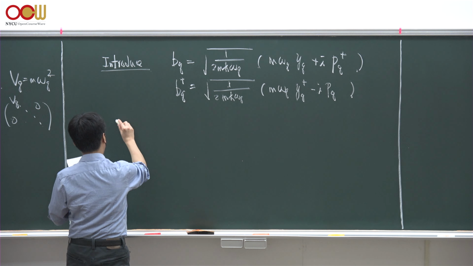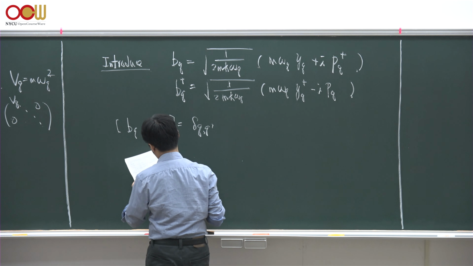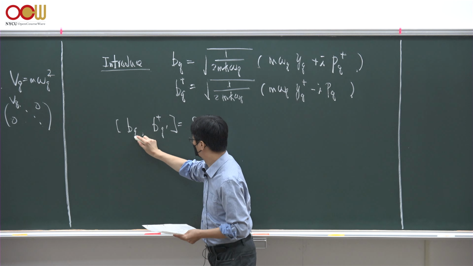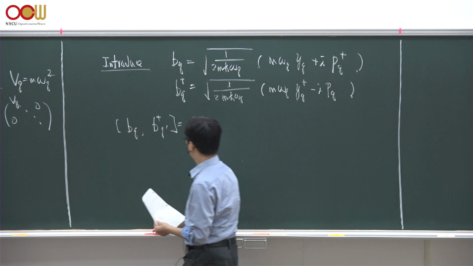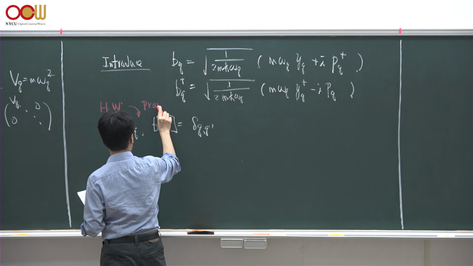And you could show that these operators, b and b dagger, satisfy the standard commutation relations for bosons. Okay, so I leave this to you as a homework exercise to prove it.